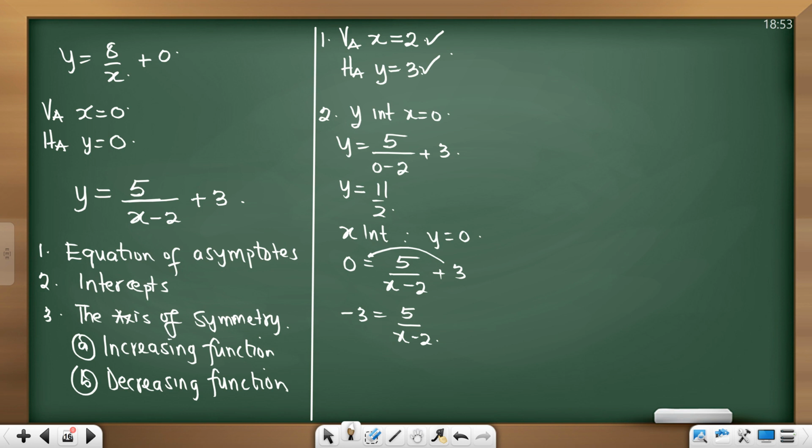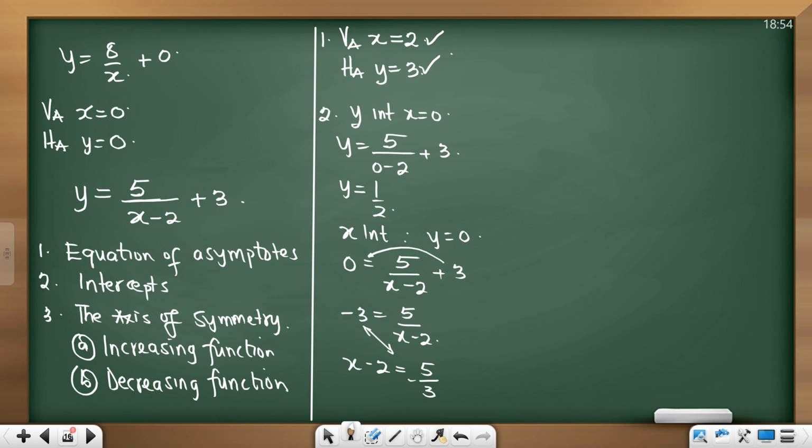Negative 1 over 2. I forgot that negative at the bottom. All right, when you get to this point, just interchange the numbers. X minus 2 goes there. 5 over, but it's negative 3.